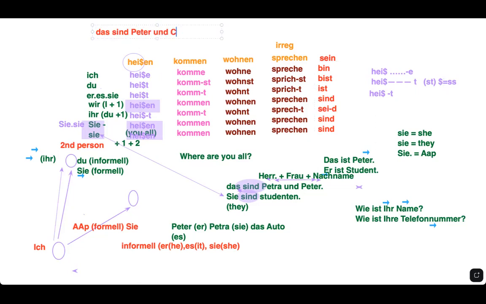See? Because it is they, no? Sie sind Studentin. We can write down this example. Studentin means they are students. Here, if I say das ist Peter, I'm writing this, the das is supposed to be capital actually.